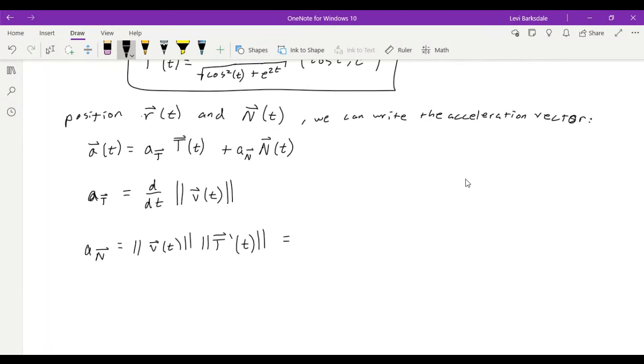It's also going to be equal to the magnitude of velocity crossed with acceleration over the magnitude of velocity, or the square root of the magnitude of acceleration squared minus your tangential acceleration squared.